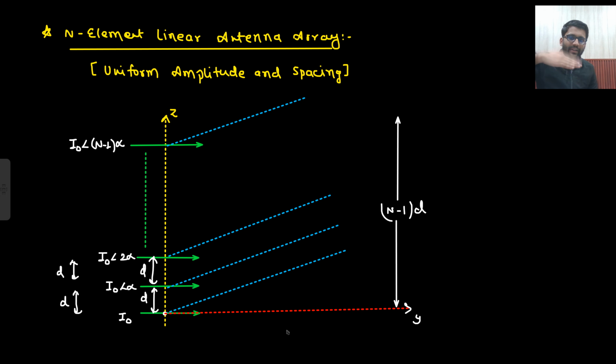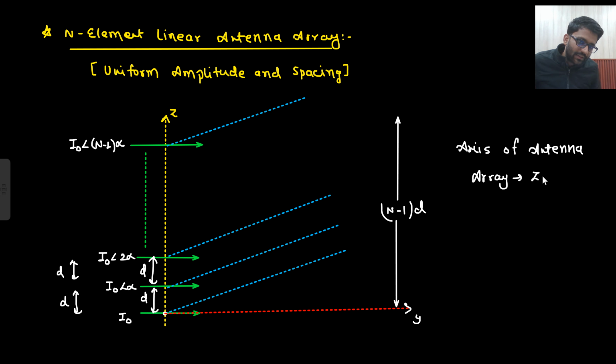All the antennas are placed on the z-axis and along the y-axis. If I ask you what is the axis of the antenna array?